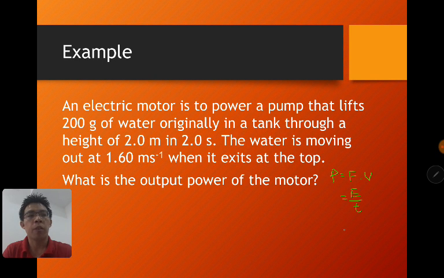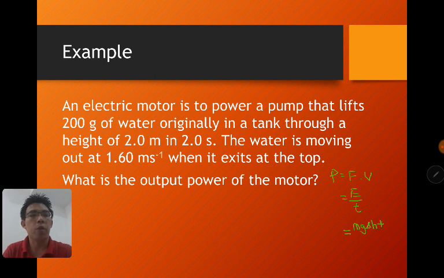Then you think about what is the amount of energy that it gained and what type of energy that is. According to the information here, the first type is of course the gravitational potential energy, so we have mgh.